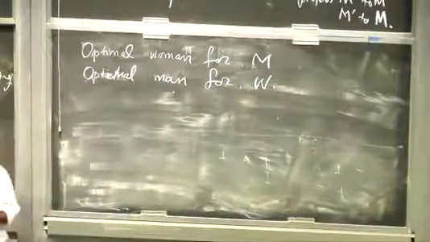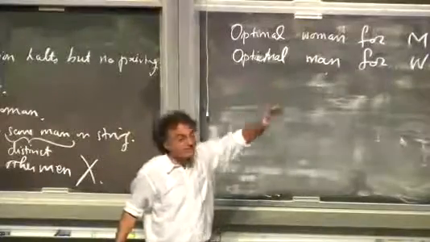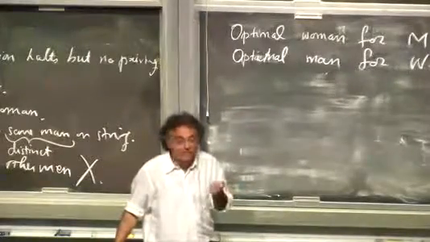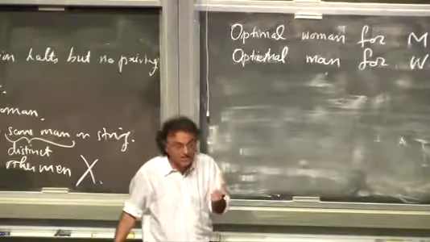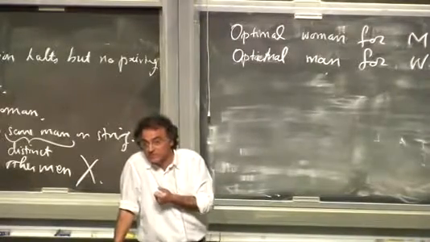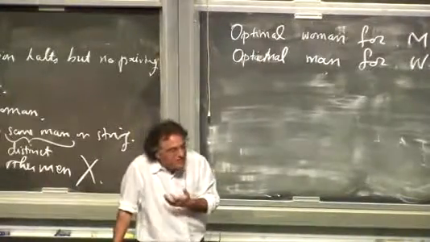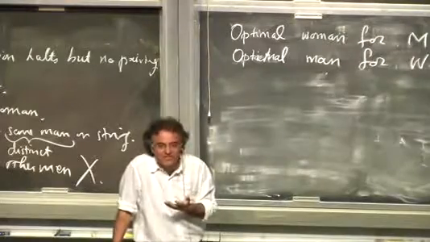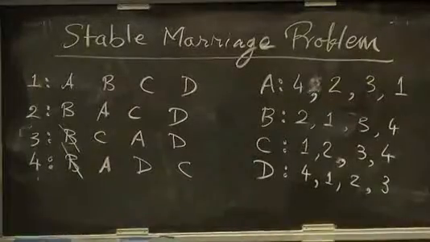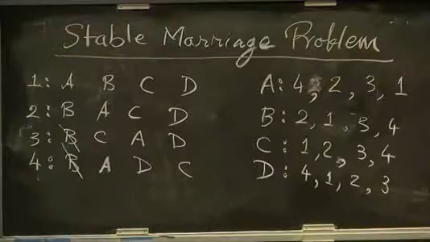So you're given the preference list and you want to know what's the best choice for each man and what's the best choice for each woman. Now you might think, why does this need defining? I mean, it's obvious, right? It's the first one on their list. That's the best one.